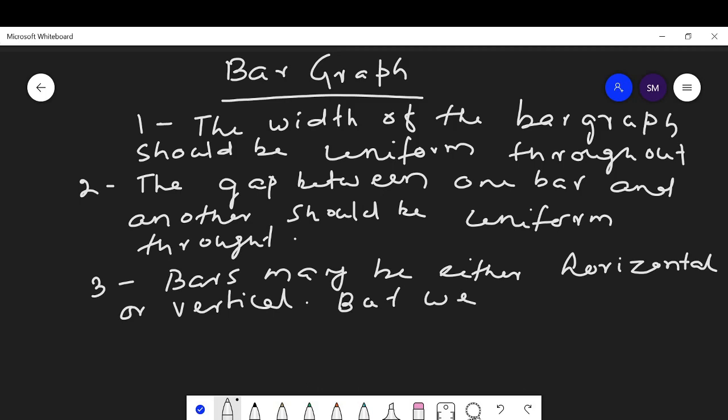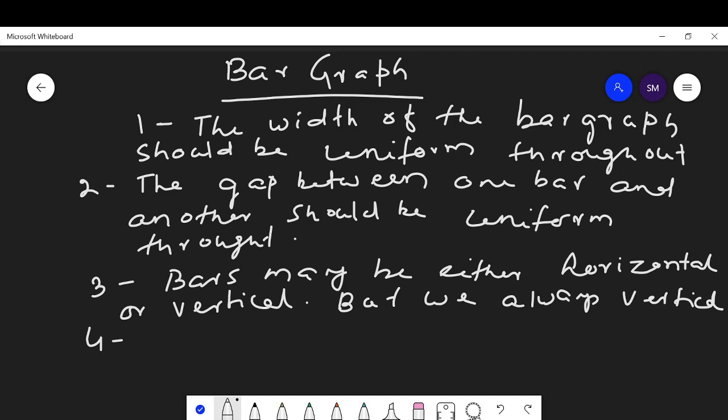Keep in mind while you draw the bar graph, always draw it vertical. It gives a better look.